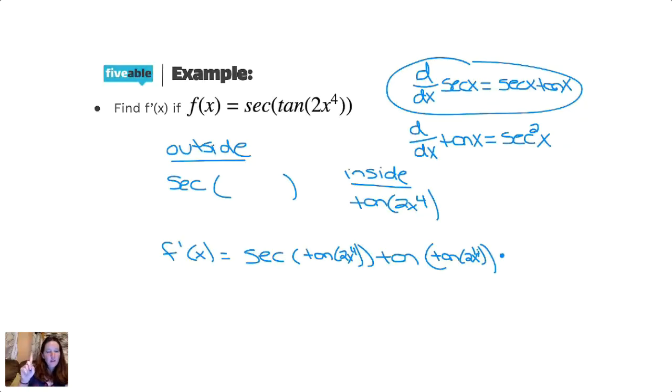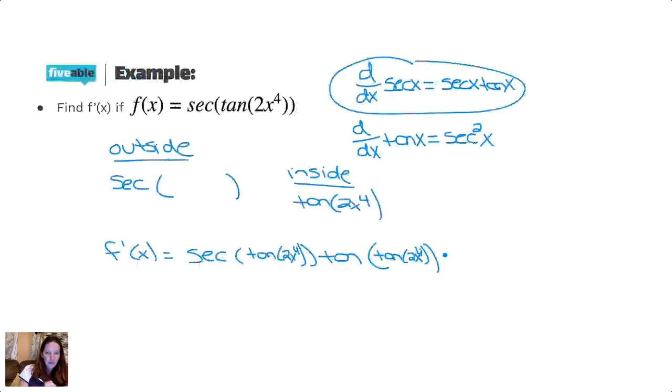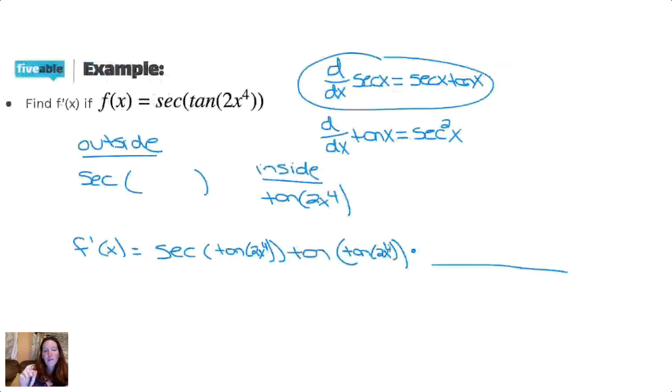So that was step 1 and 2: derivative of the outside, copy the inside. Our next step should be derivative of the inside. I'm going to leave a hole for that because now our inside function has to split into an outside and an inside. I'm going to give you another 30 seconds or so to see if you can finish off this problem now that I got you through the beginning.